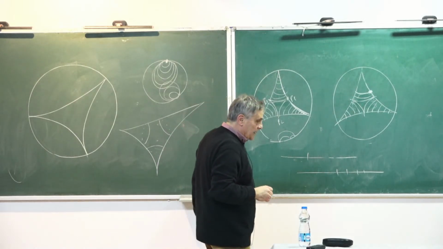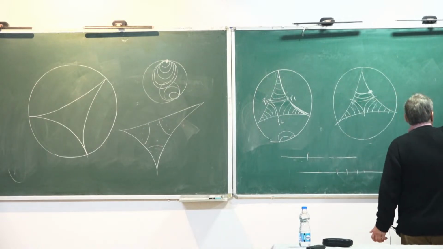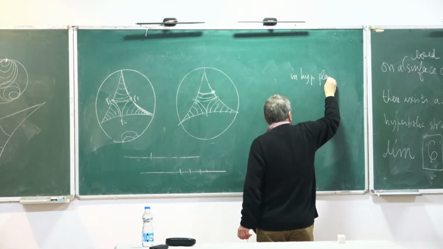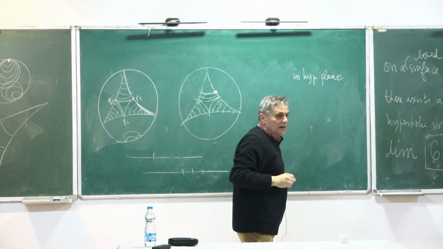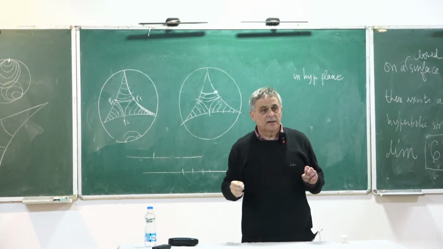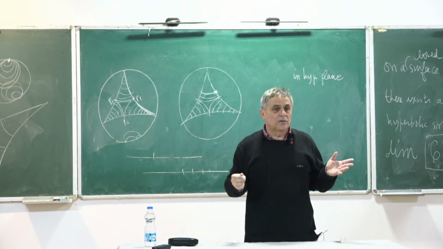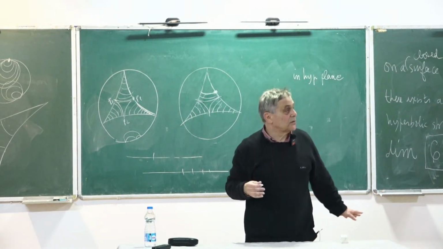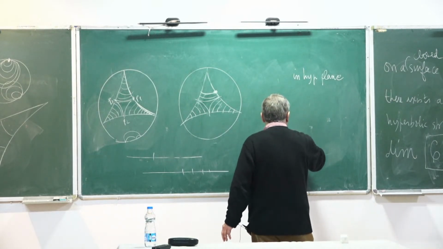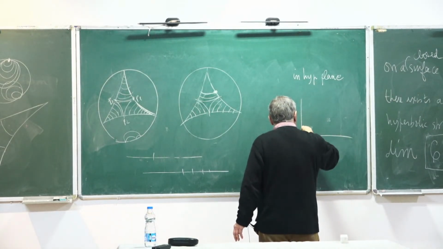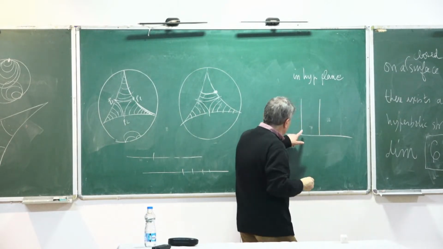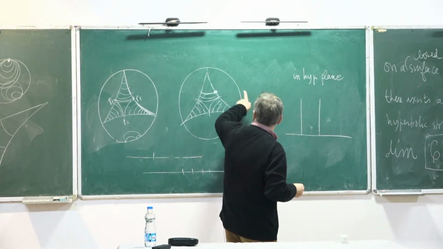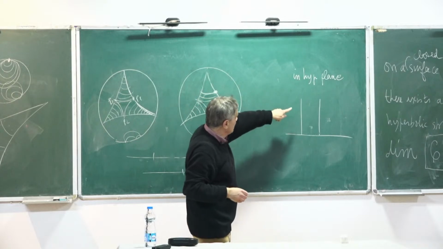And now the property which I want to use is a property of distances in the hyperbolic plane. You can make computations in the hyperbolic plane. Usually you use the upper half space model because there's a nice formula for the metric, which I don't want to recall. The only thing I want to recall is that these are two hyperbolic lines in my upper half plane converging to the same point at infinity.